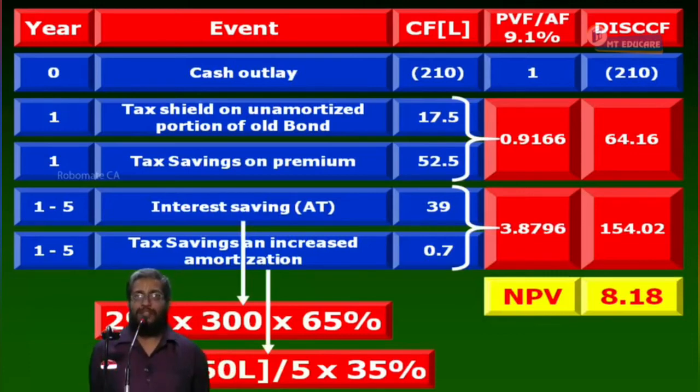What is the amount I am going to get? 39 lakhs.